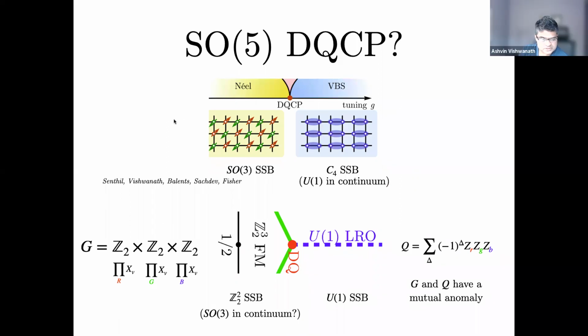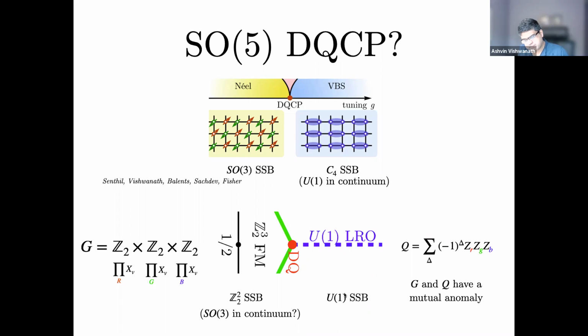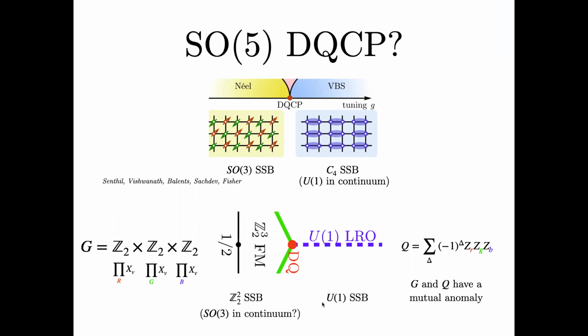Right. So remind me, the Z2 cubed, can you embed that in the SO3? You can embed two of them, and then the other one will be a charge conjugation of this U1, because it anti-commutes with the U1. So the diagonal one will anti-commute, and that will be the charge conjugation.